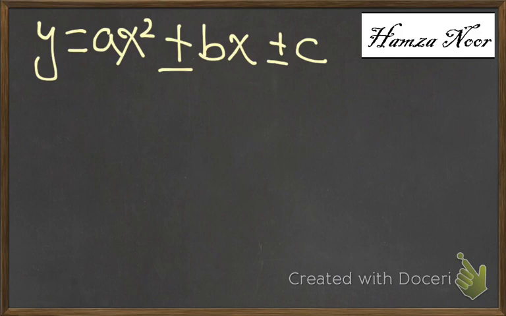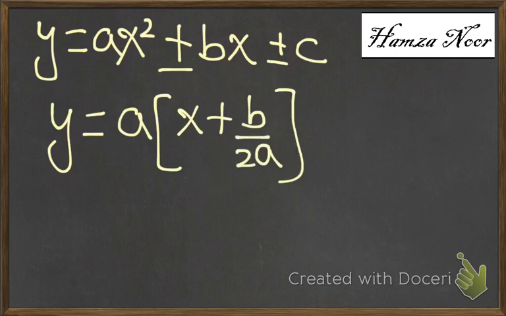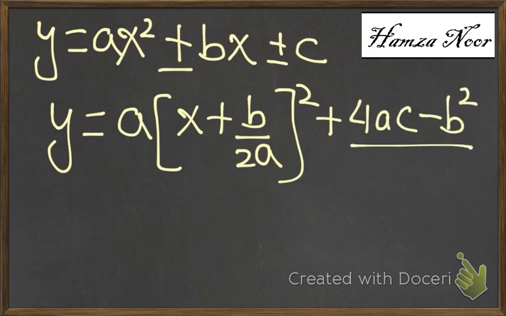So what you need to do is use a formula, as I've studied from my teachers as well, that y is equal to a multiplied by x plus b over 2a, the whole thing squared, plus 4ac minus b squared over 4a. This is basically a formula. You don't need to prove this formula, nor will you be asked to do so.